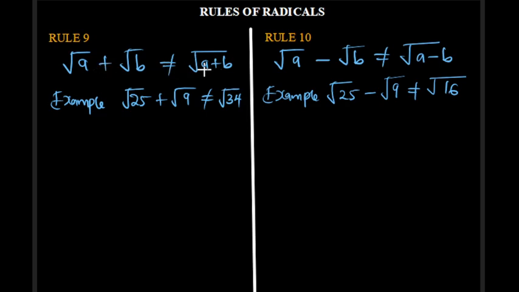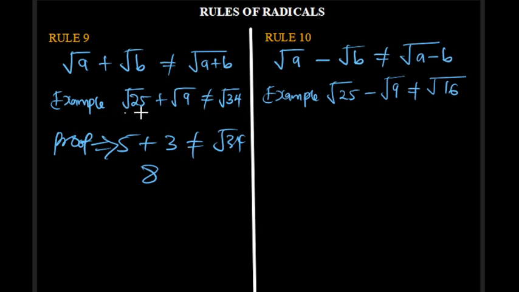You can only combine when you have multiplication, then you also do multiplication inside the root. So now let's prove this. If we solve this one, root of 25 is 5 plus root of 9 is 3. So you can see that 5 plus 3, which is 8, is not equal to root 34. So whenever you see this problem with plus in the middle, solve them separately and add the figures.